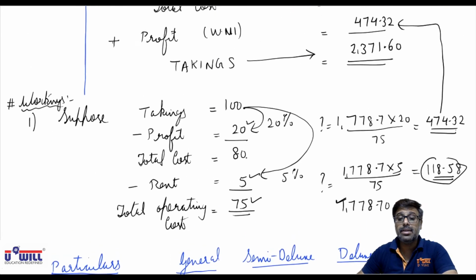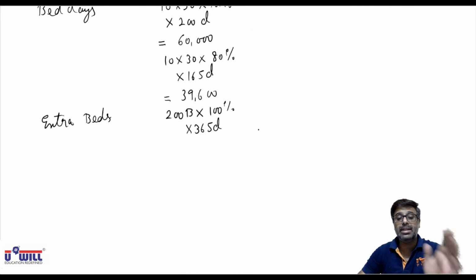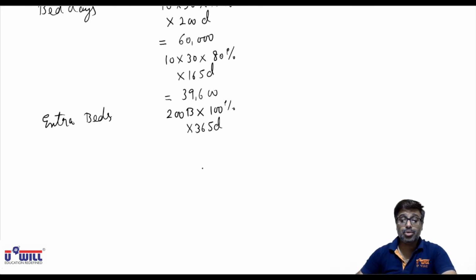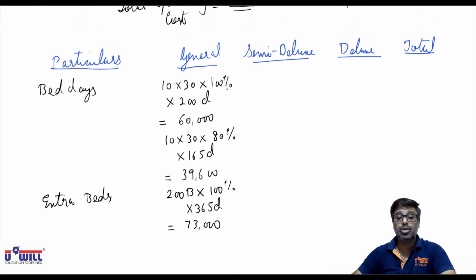That means all 365 days we are keeping those 200 extra beds in our hospital in the general ward. So 200 beds into 100% occupancy into 365 days comes to 73,000. So these are the bed days occupied for general beds.